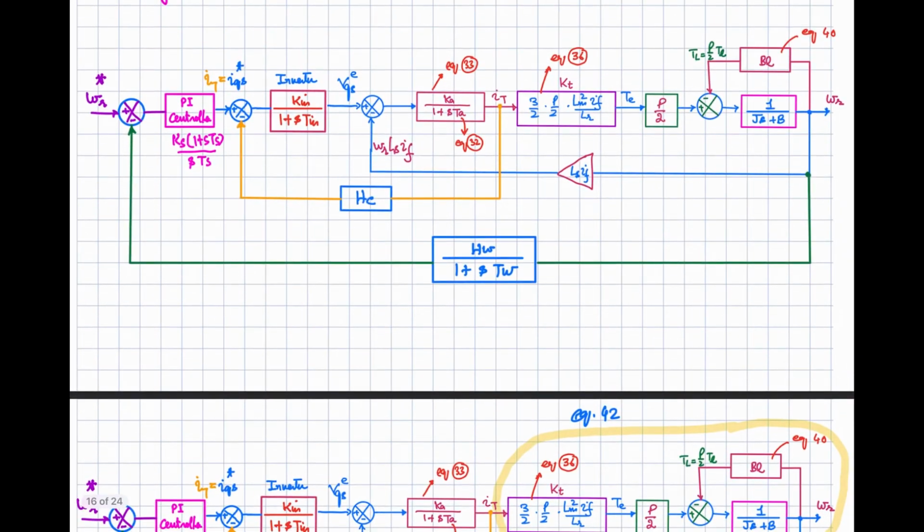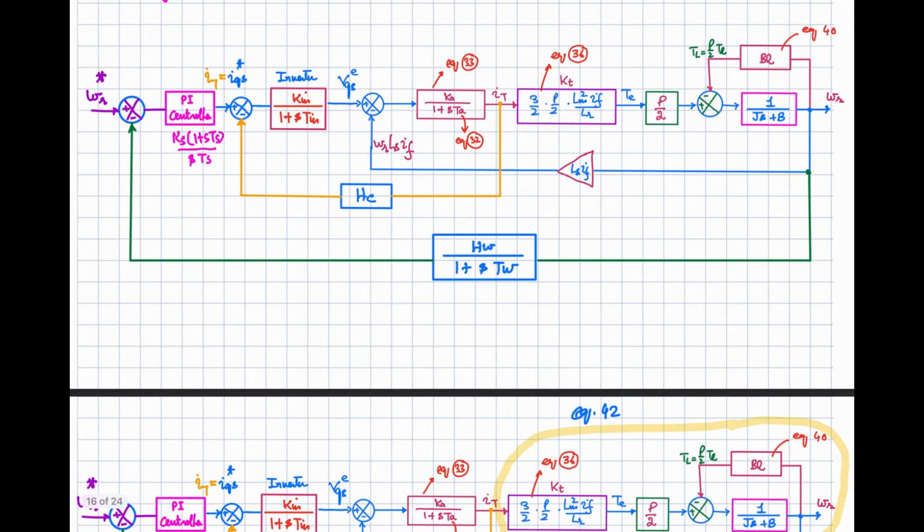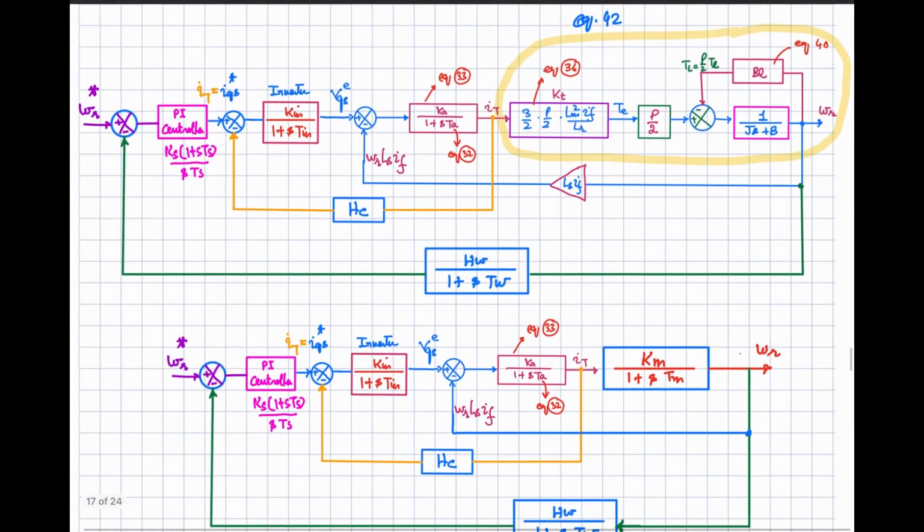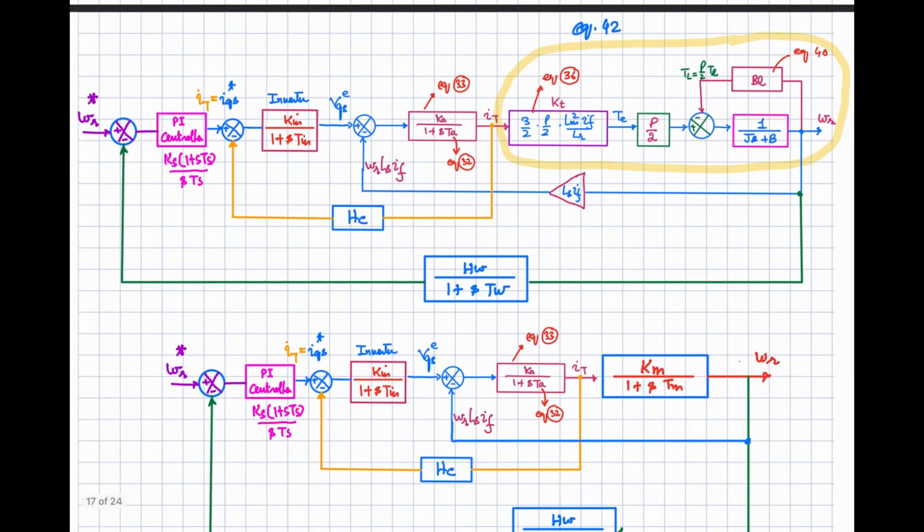let's simplify this loop. So first of all, I am going to look at this part of your control diagram. This can be simplified and can be represented in the form of the simple block diagram. So we will be simplifying this part now.